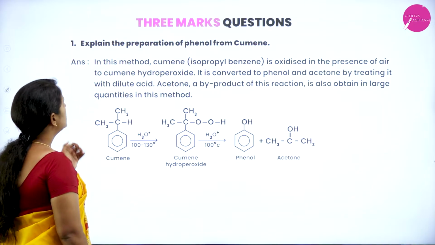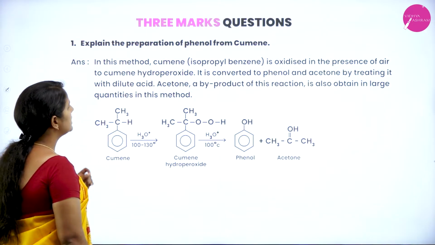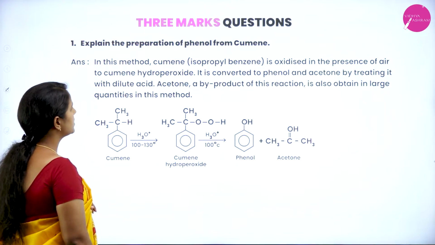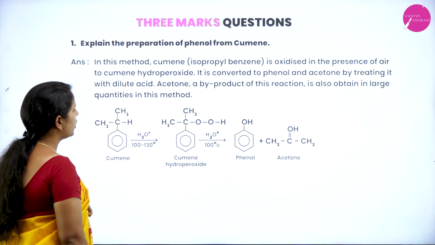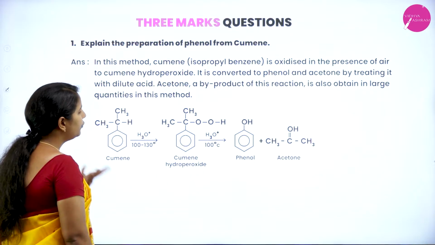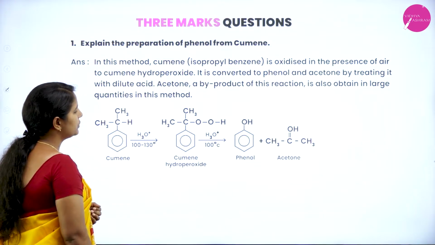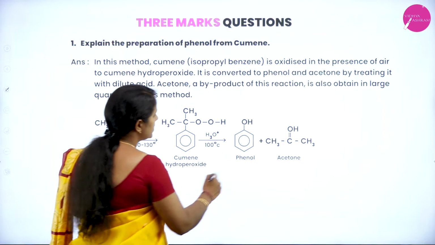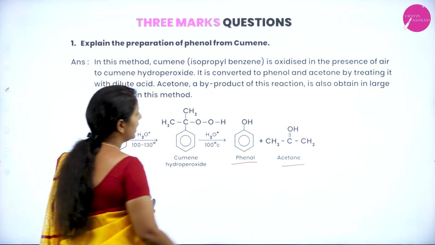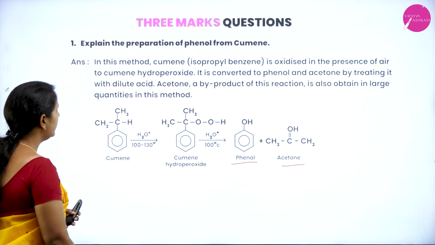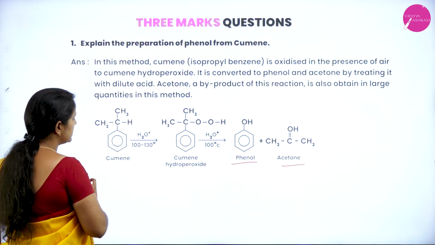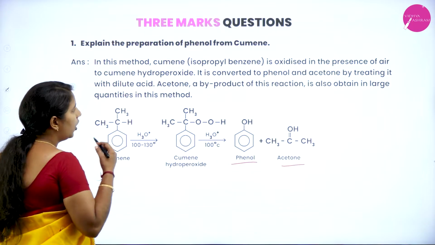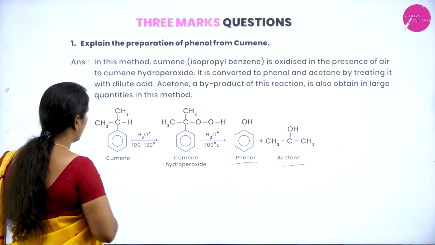So in this method, cumene, the isopropyl benzene, is oxidized in the presence of air to give cumene hydroperoxide, which upon further acidification with water gives rise to phenol as well as acetone. You can see that this is cumene, an isopropyl benzene, which undergoes oxidation in the presence of oxygen.